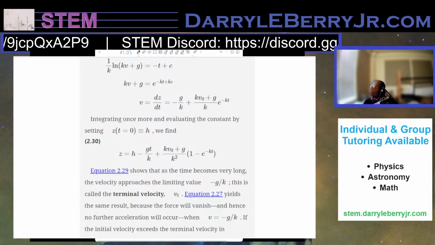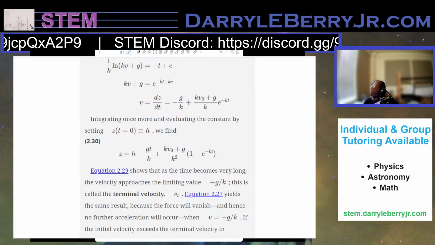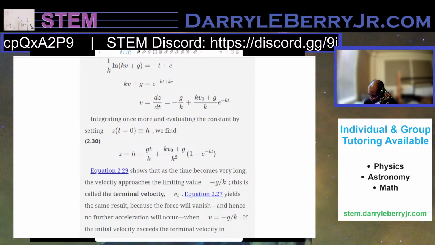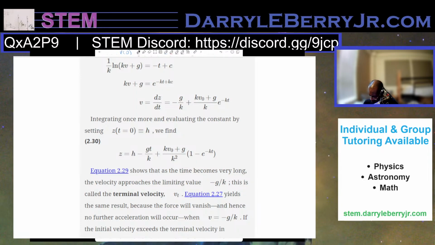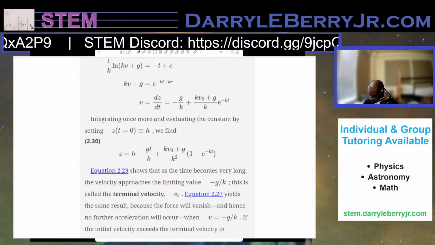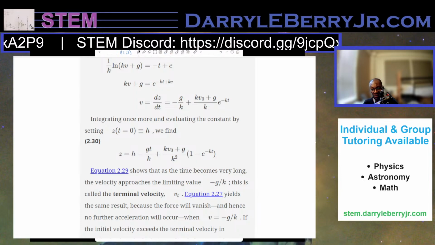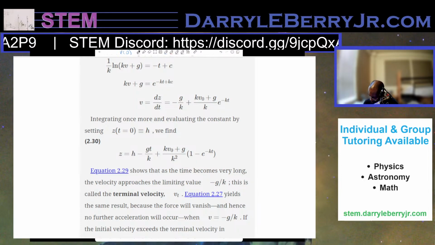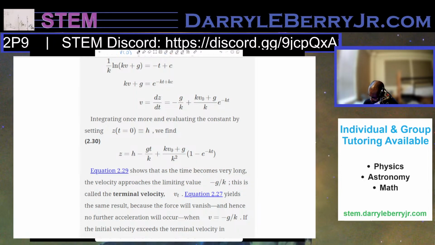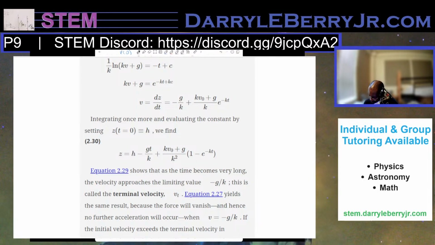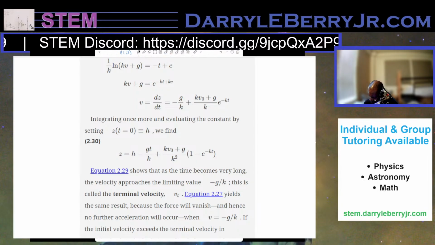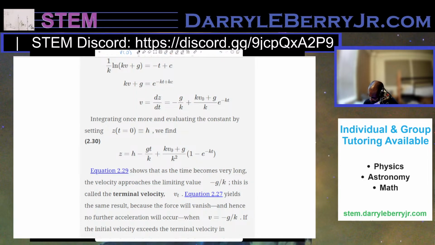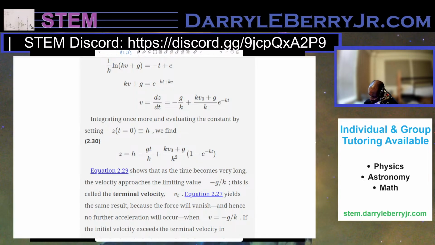Right. So dx over dt equals g over k minus (g minus v0 k) over k e^(-kt).